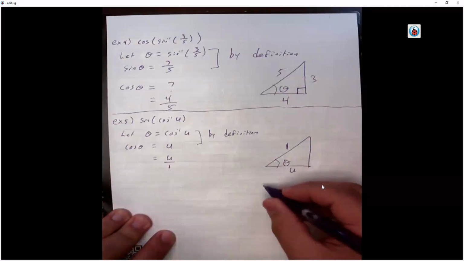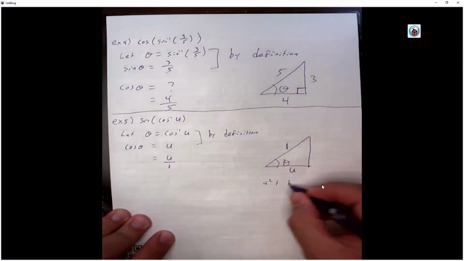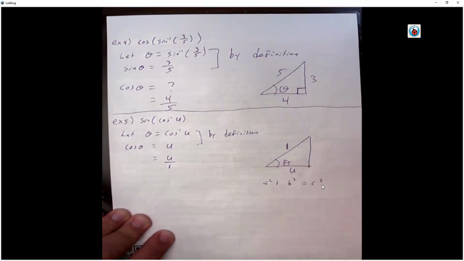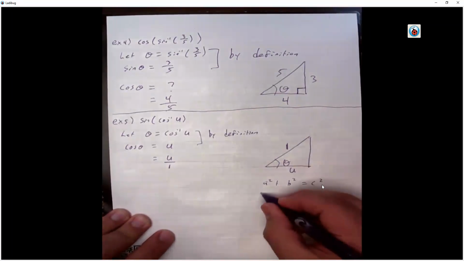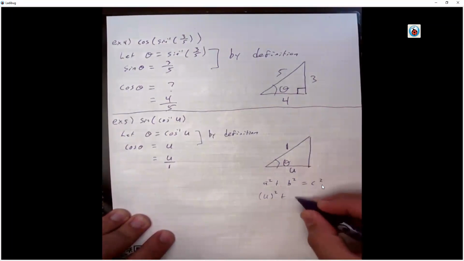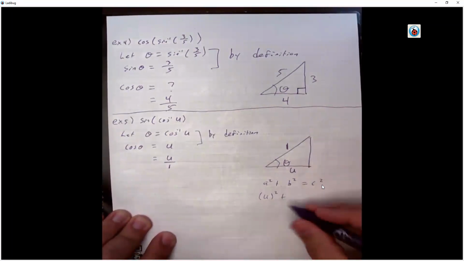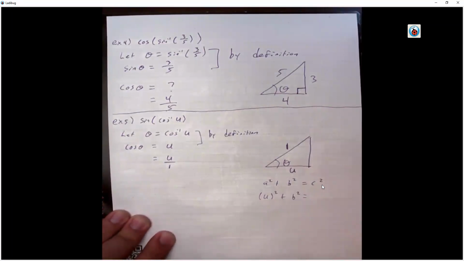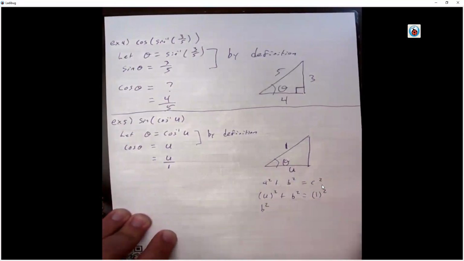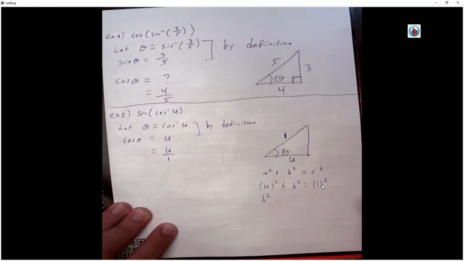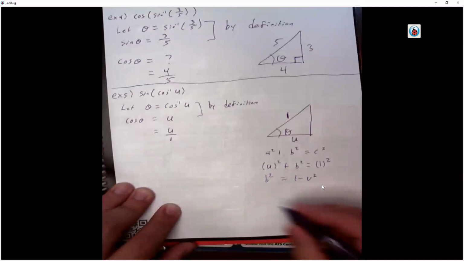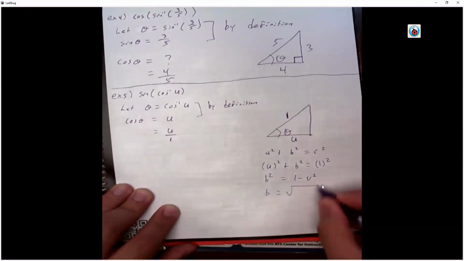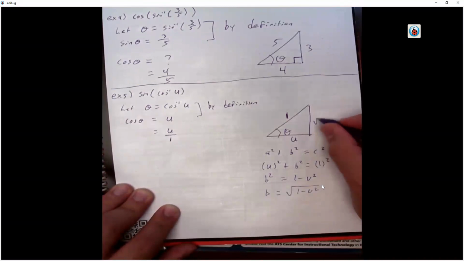Let's do the Pythagorean theorem this time. We'll say u is the a here. c will be 1. Solve for b. Right, so subtract the u squared over. 1 squared is 1. Square root both sides. b is equal to the square root of 1 minus u squared.